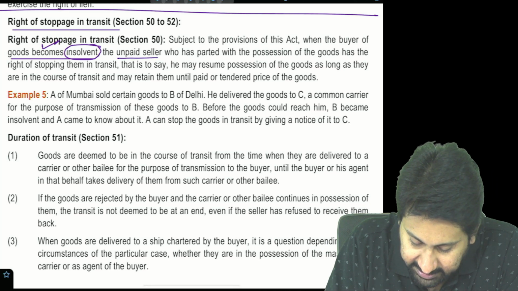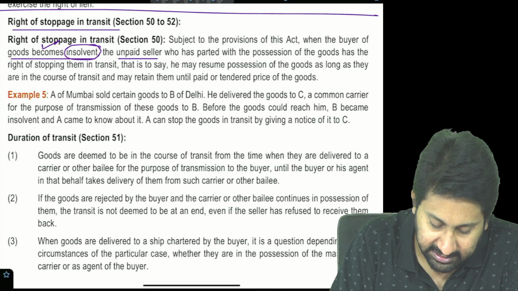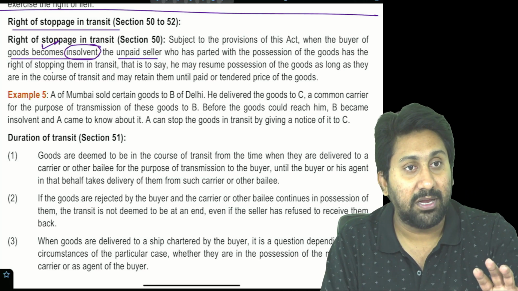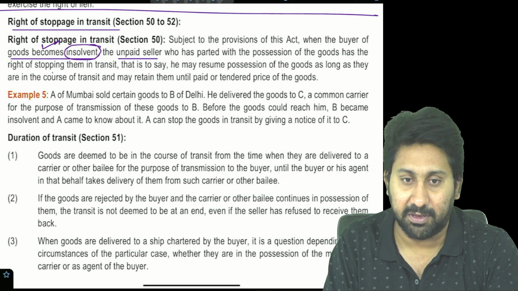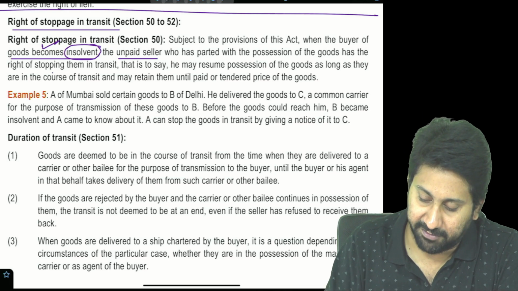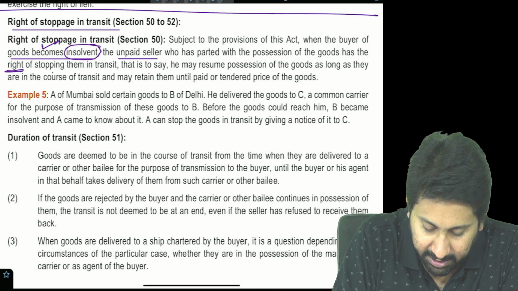The unpaid seller who has parted with the possession of the goods has the right of stopping them in transit. That means even now it didn't reach the buyer. It is still in the possession of the seller only. Therefore, who has parted with the possession of the goods has a right of stopping them in the transit.